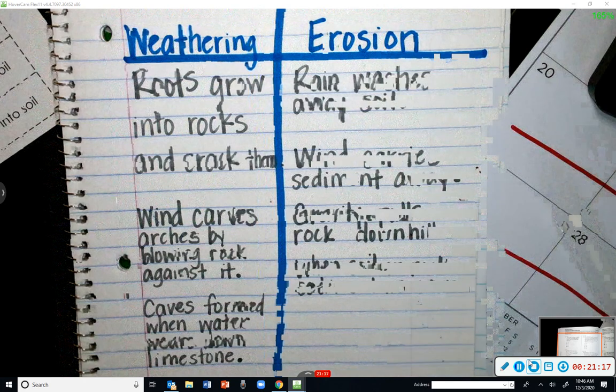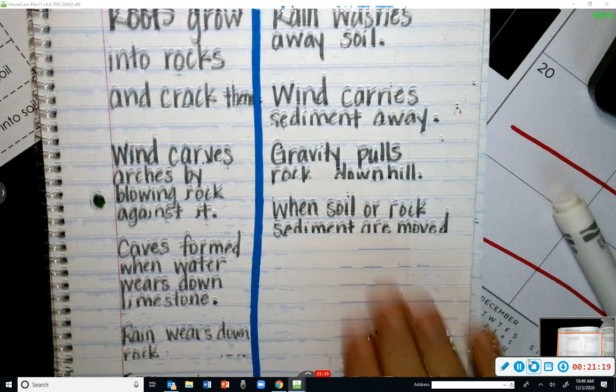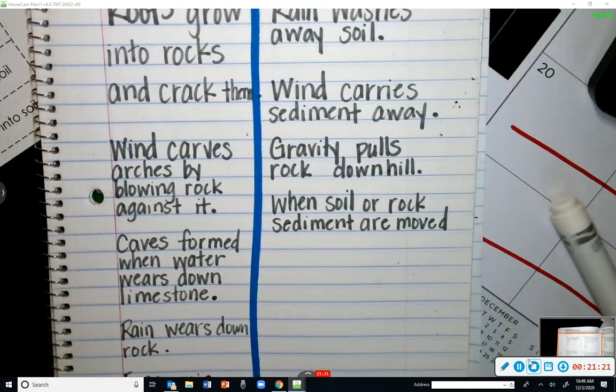Okay, who has an example they want to read to the class for erosion? Javea? When, okay, say the first part again. Wind pushes the rock or waves? I couldn't hear you. Say it again.